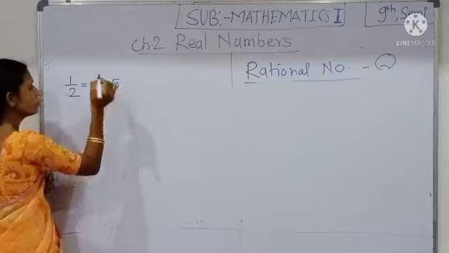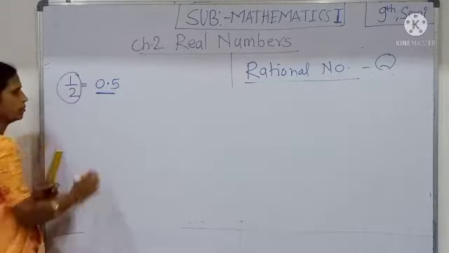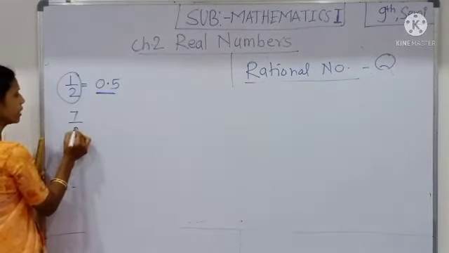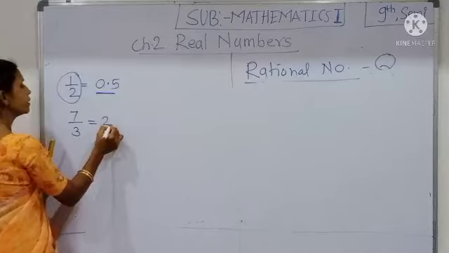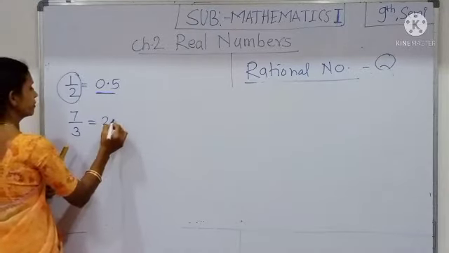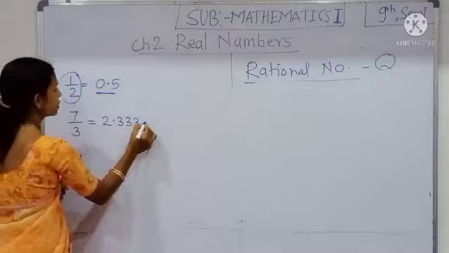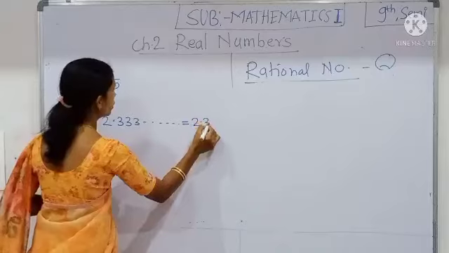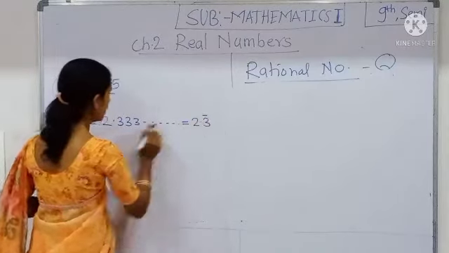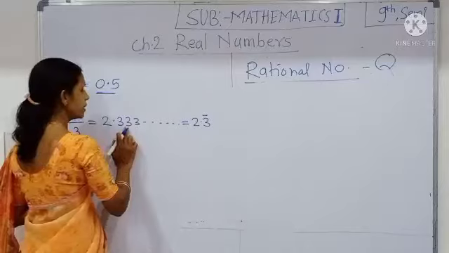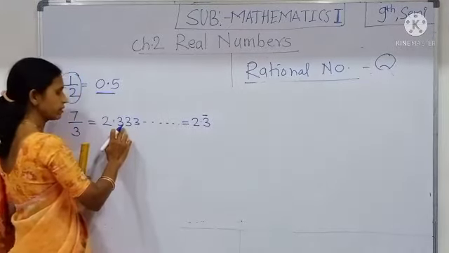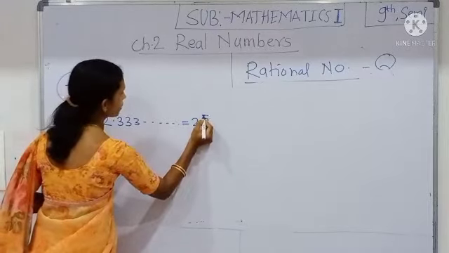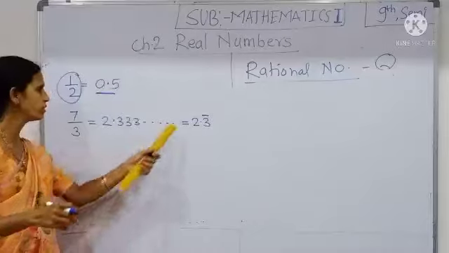That means it is the decimal form of that rational number. For example, 7 upon 3 is also written as 2.3333 and so on. That means it is written as 2.3 with the repeating decimal digit written only once, and a bar sign or dot sign is used.